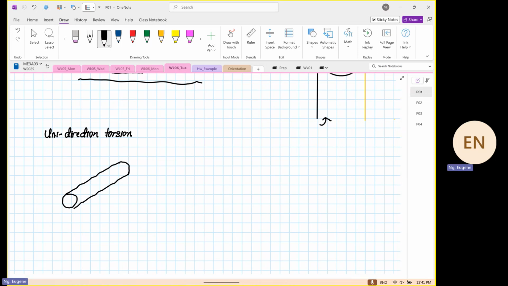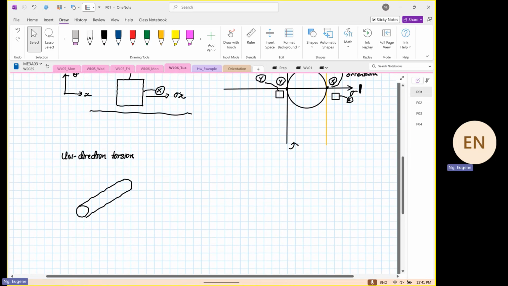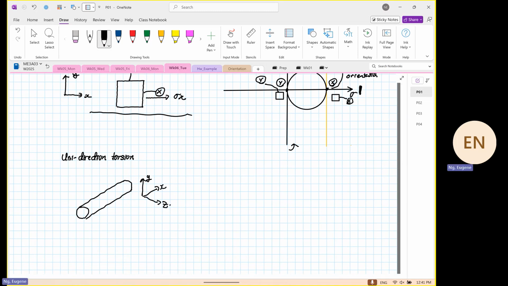Bear with me. Same thing. Orientation, this is X. This is Y. And this is Z. The far end is your RH. RH means your right hand. Be clear. The close end is known as our LH. LH means our left hand.